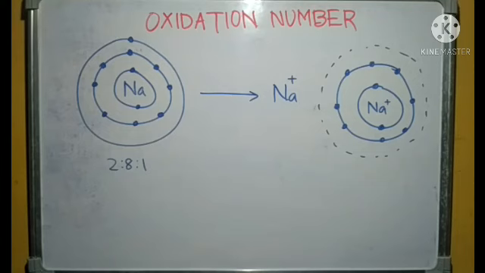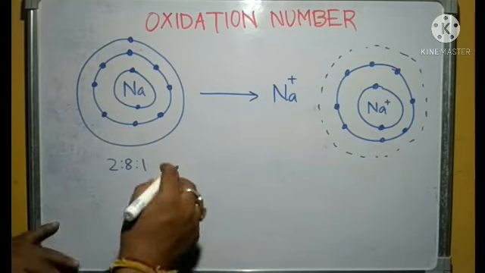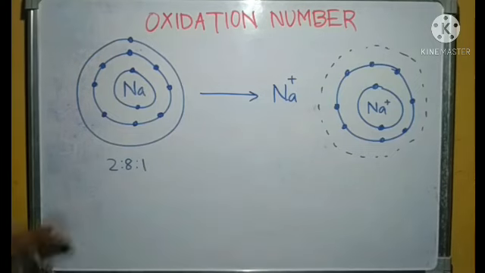As per your syllabus you do not require anything about oxidation number, but still I am explaining very briefly what oxidation number is. To understand it, first you look at this.